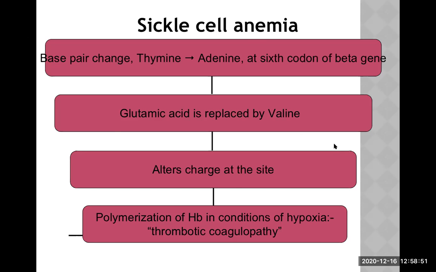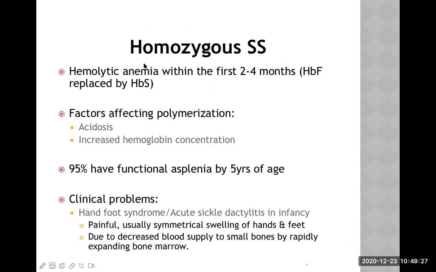Let's move on. The disease state is known as the homozygous state. I already told you this is a homozygous state, also known as homozygous SS. Hemolytic anemia occurs within the first 2 to 4 months in this case.